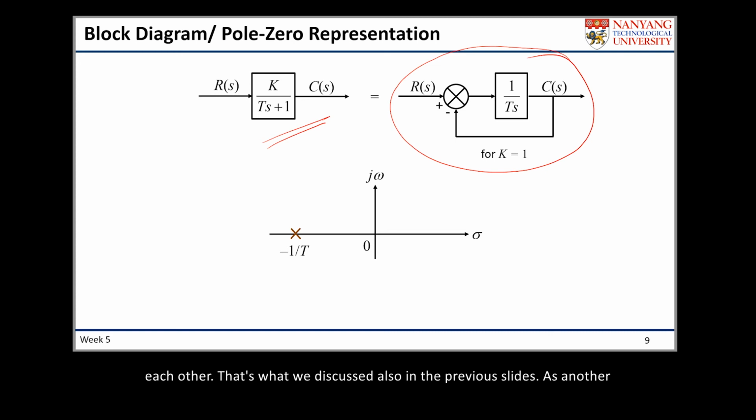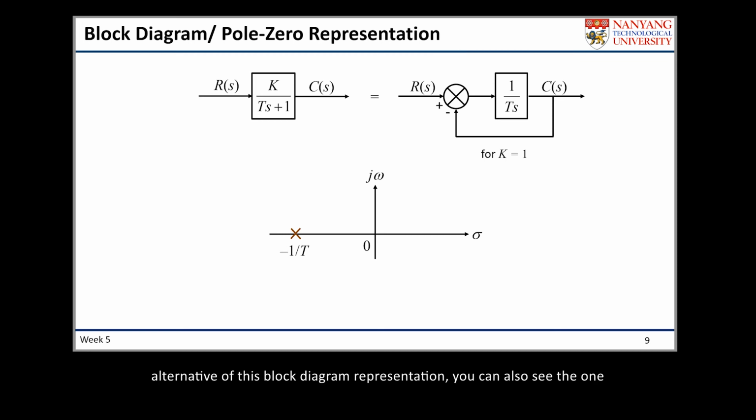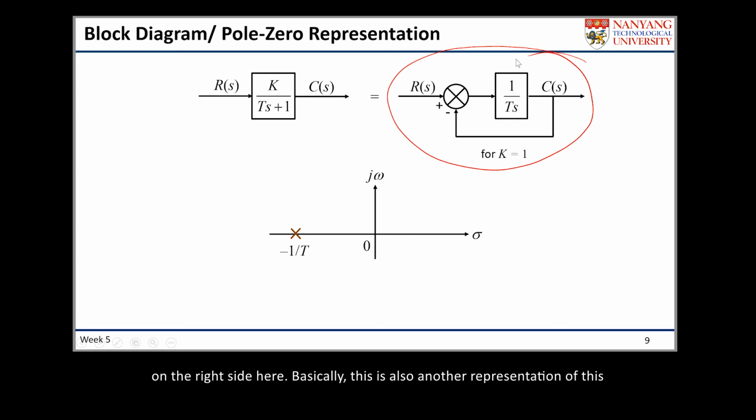As we discussed in the previous slide, as another alternative of this block diagram representation, you can also see the one on the right side here. This is also another representation of this block diagram, in particular when the DC gain K is equal to 1. You can also draw it like this one, right?